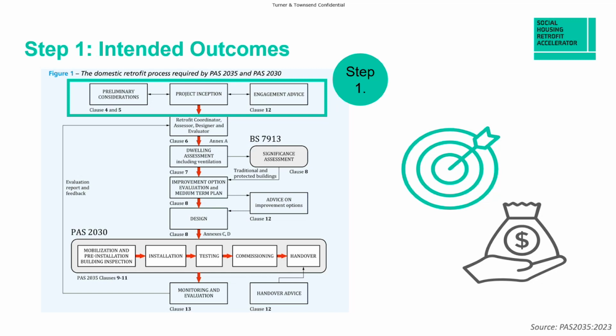So this is when you look at those intended outcomes and what you're trying to achieve, and whether you look at the different archetypes and all of that type of activity. And so you really want to involve your retrofit coordinator in this process if you can, or you want to at least list out what your priorities are for those intended outcomes so that they are aware of it when you bring them on board.